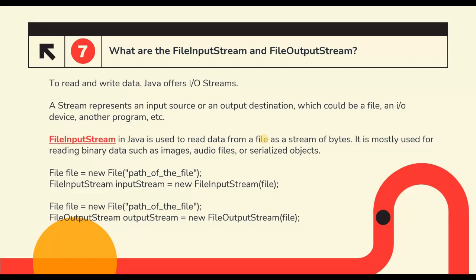That is the purpose. And FileOutputStream is used if we want to write something into a file or a particular location. This is the kind of syntax for it: the file, and where we are going to take the input.